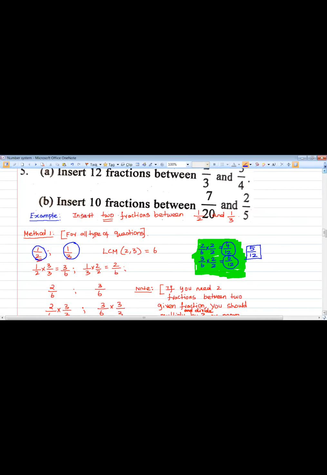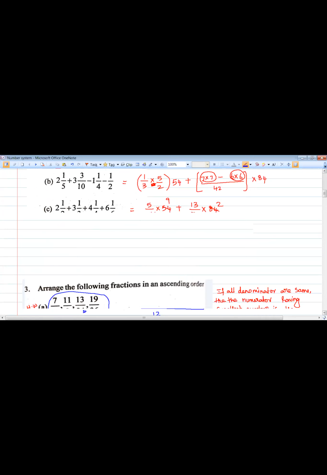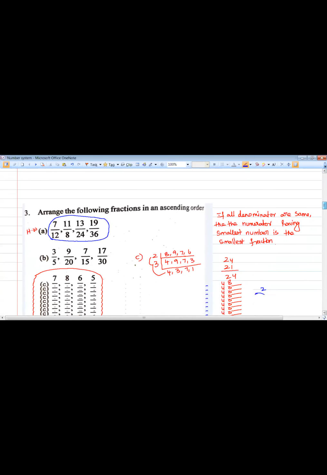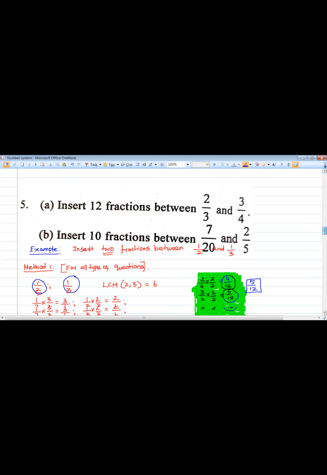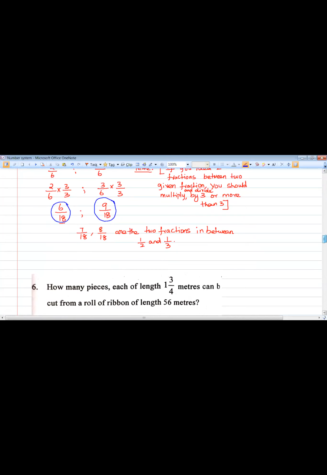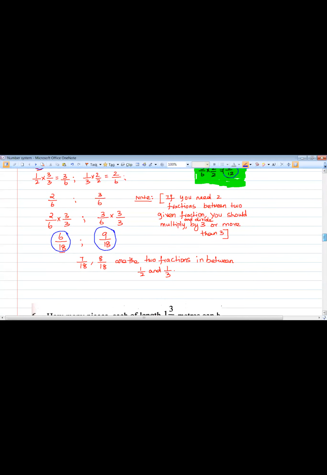Now let's do the first question with method 1. Then I will explain the simple method, then we will go to the next method. Sir, I cannot understand it. Don't worry.